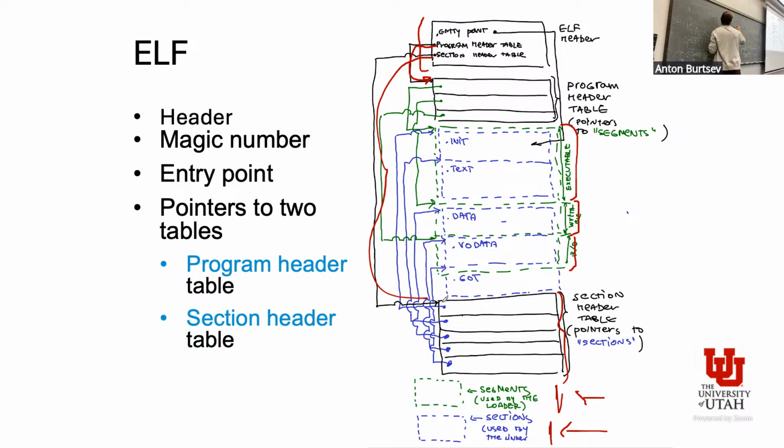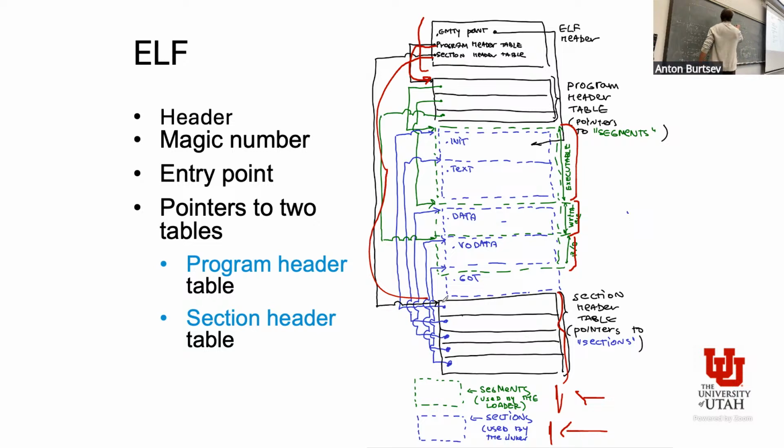This is just an array, and we're looking for entries which have a load flag, because there are some other entries that you can simply discard. Each of those entries with the load flag will have a pointer somewhere inside the ELF file, where, for example, the text or the data section will be.